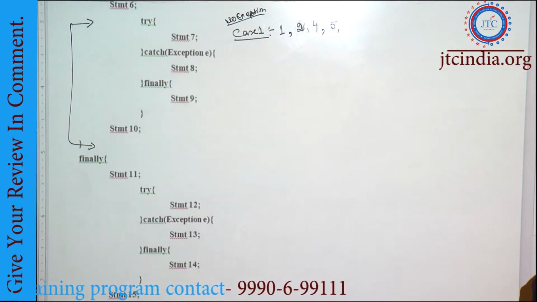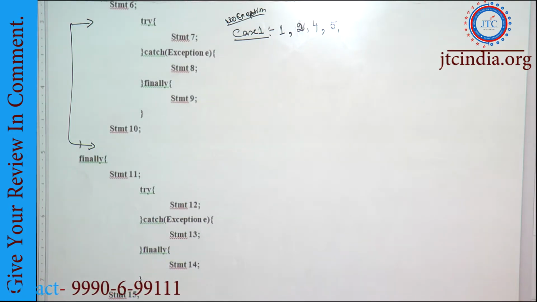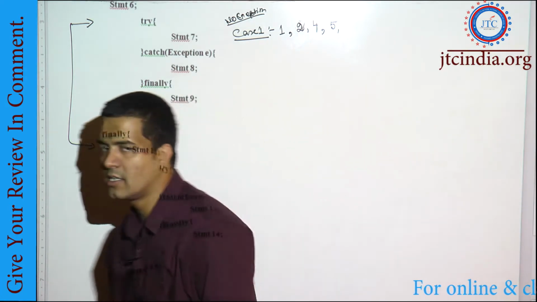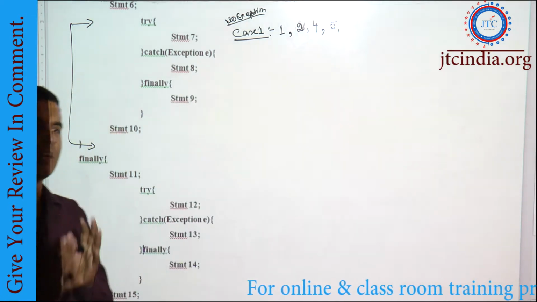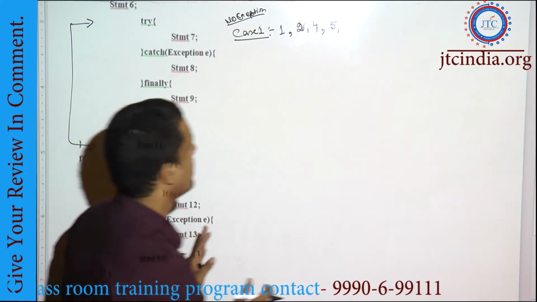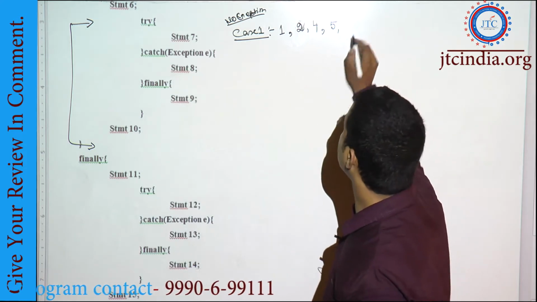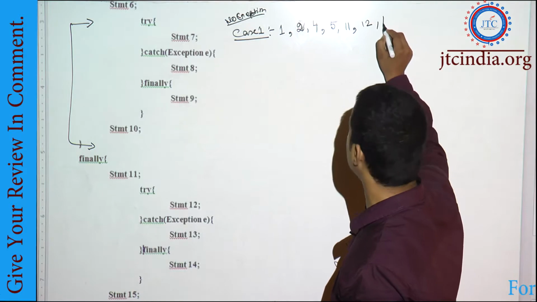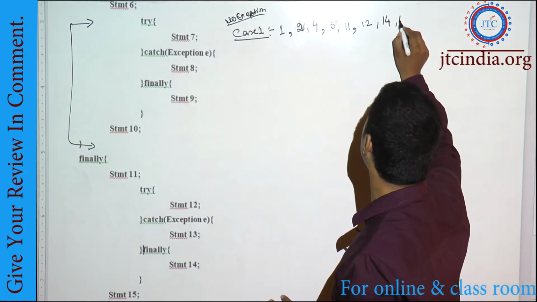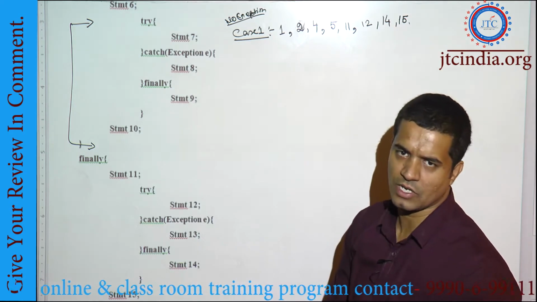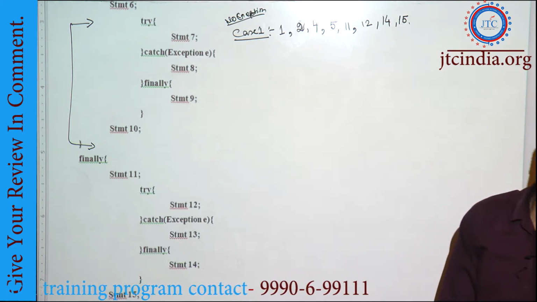So if an exception does not occur, the catch block will not be processed, but as we know, finally is the necessary condition that it must be processed whenever anything occurs. So from the finally, statement 11, statement 12, statement 14 and 15 are all going to be processed.